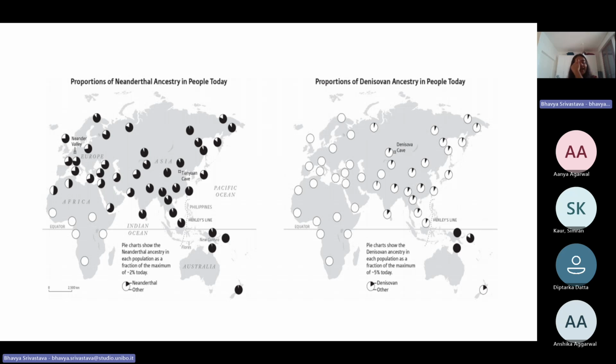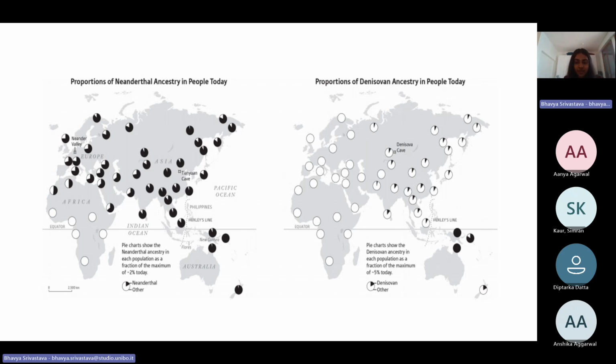So it's likely that 60,000 or 50,000 years ago, the Denisovans would have interbred with the ancestors of the present day New Guineans, and that's how the Denisovan ancestry emerged in present-day New Guineans. It's very important to understand that Siberia is in one part of the world, New Guinea is in another part of the world.